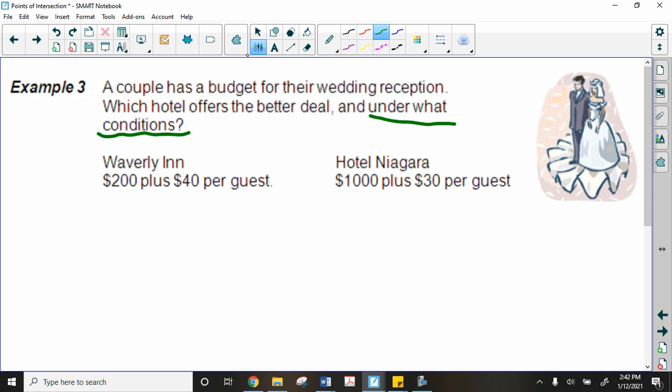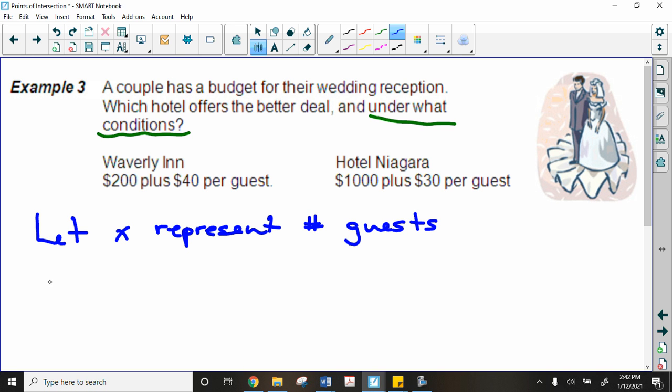Okay, so Waverly Inn charges $200 flat rate plus $40 per guest. So let's make our let statements. Let X represent number of guests, and let Y represent cost. How much is this going to cost us?